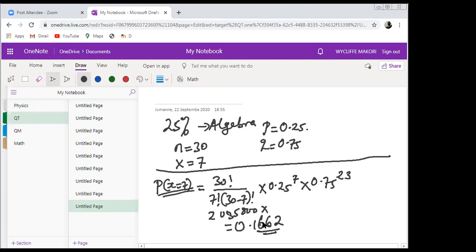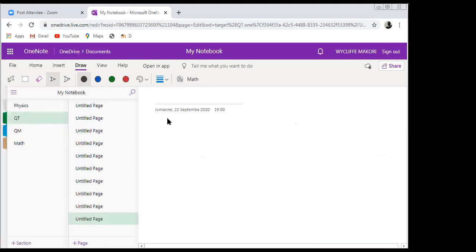Do you understand this one? Now part B. Find the probability that fewer than 5 students out of the 30 are taking algebra. Fewer than 5. That is x should be less than 5.